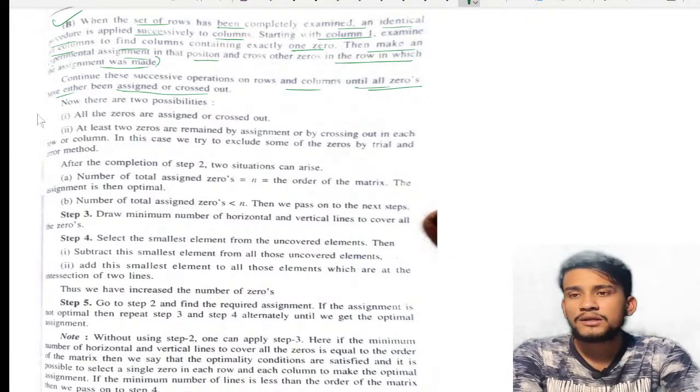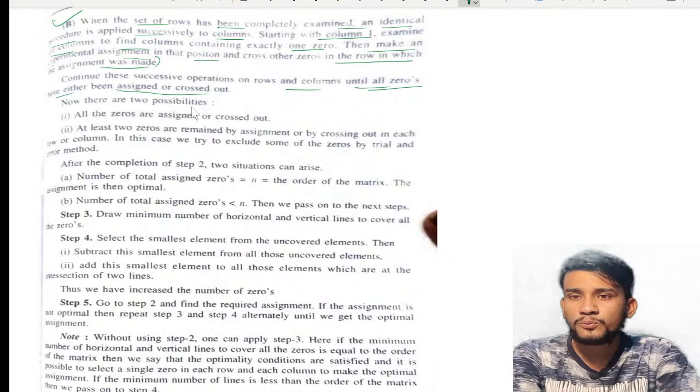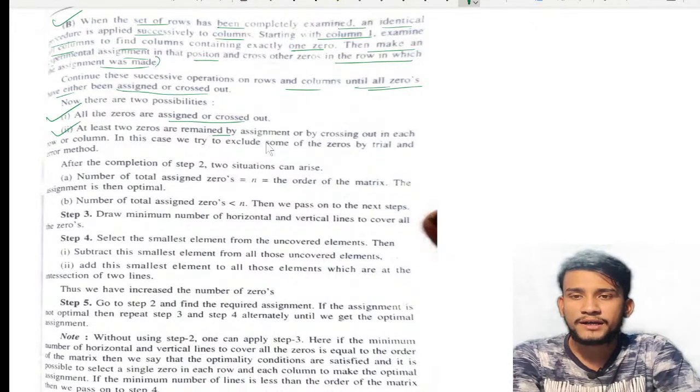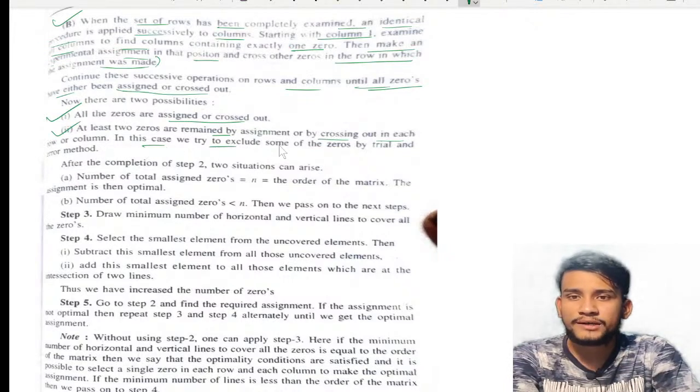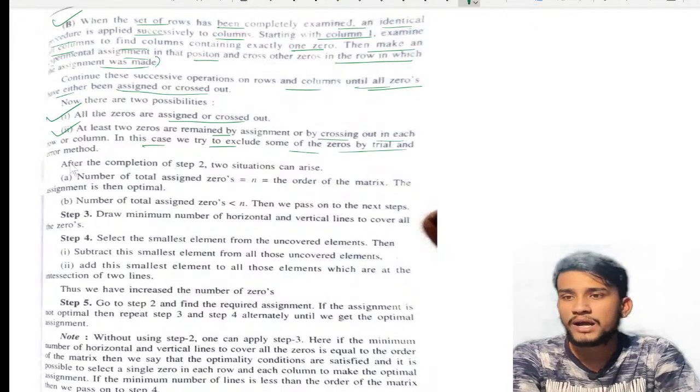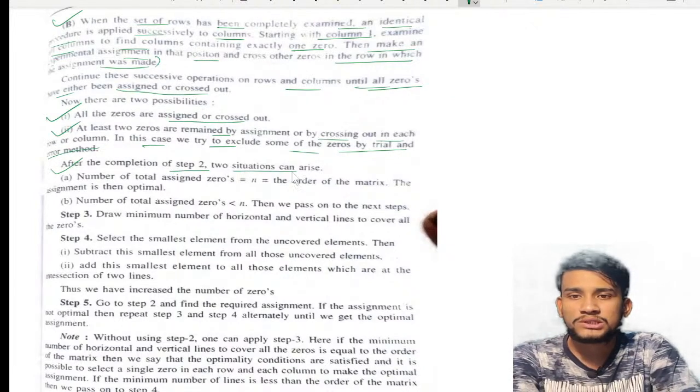Okay, then there are two possibilities: all the zeros are assigned or crossed out, or at least two zeros remain in each row or column. In this case, we try to exclude some of the zeros by trial and error method. After completion of step 2, two situations can arise.